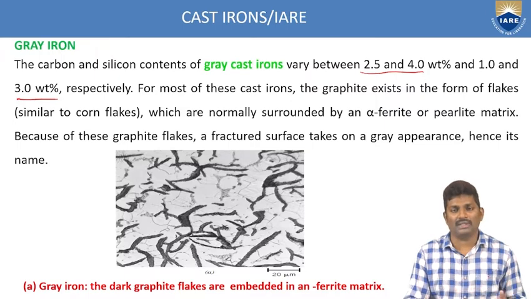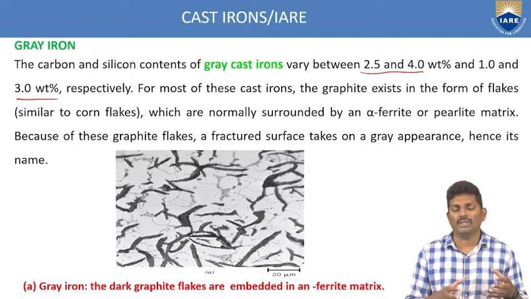So in this case also, the grey cast irons are in the range of 2.5 to 4.0 weight percentage. Similarly, the silicon varies from 1 to 3.0 weight percentage. You have to identify it depending upon the percentage composition of carbon in the iron carbide diagram.